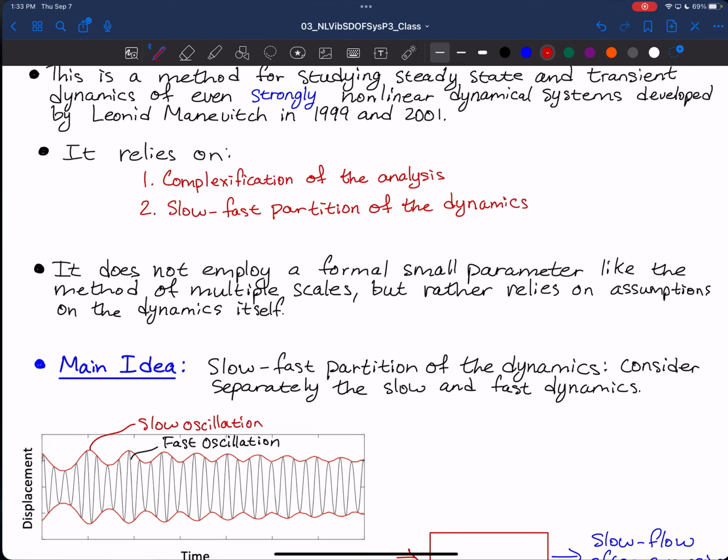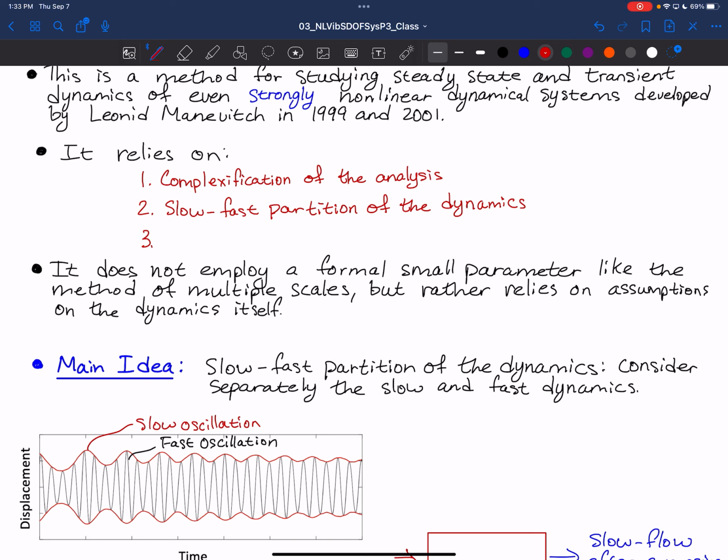And then third, it relies on averaging, which we have not covered, but we will still employ it here.